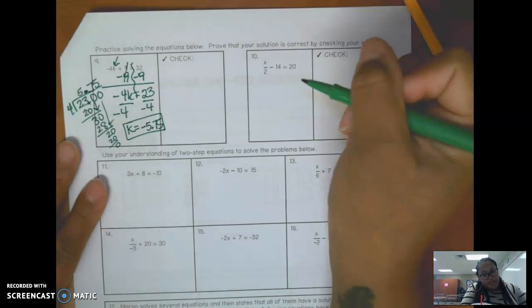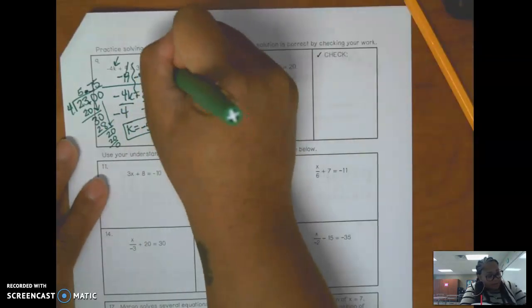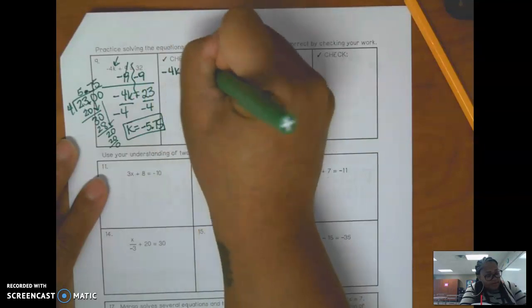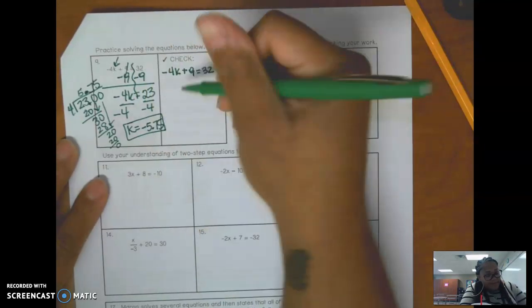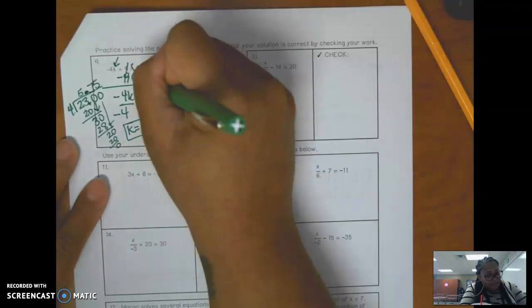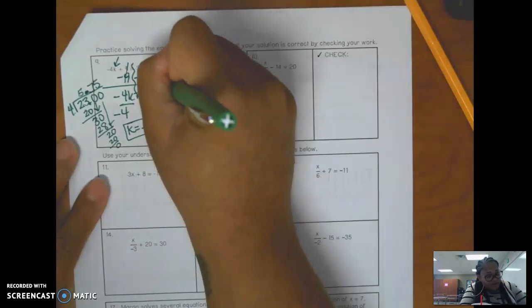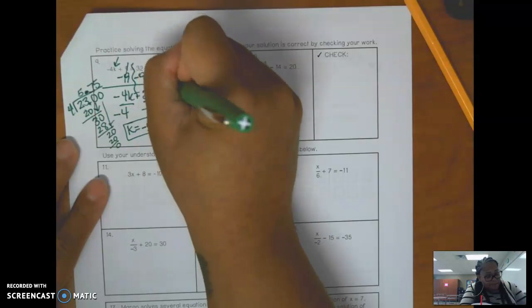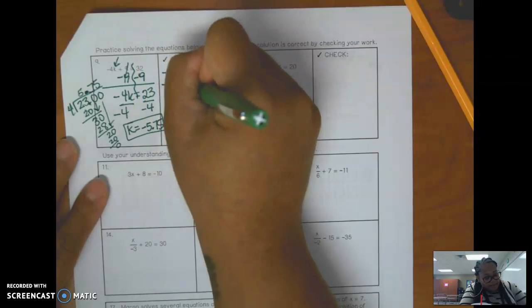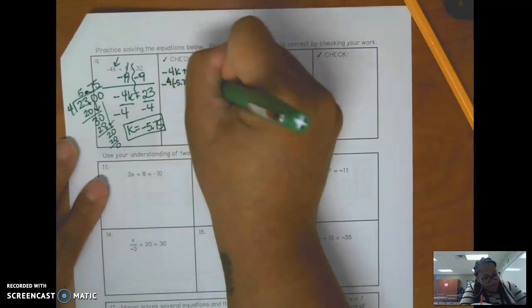And in order to check this, I'm going to rewrite my problem. -4k plus 9 equals 32. I'm going to take out k and I'm going to put in -5.75, 5 and 75 hundredths. So -4 times -5.75 plus 9 should give me 32.